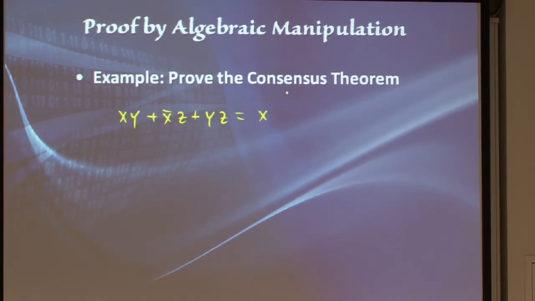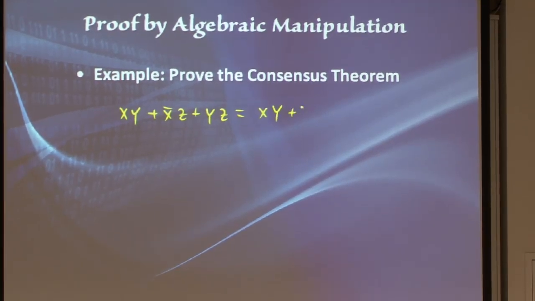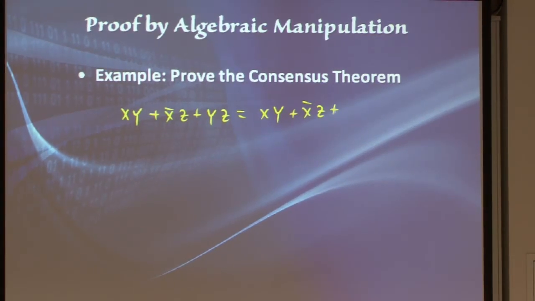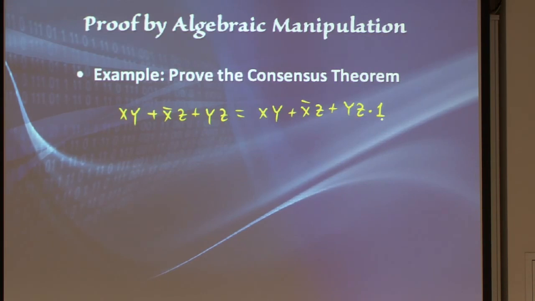So what I will do, I'll take this, remember what I'm trying to prove is that omitting that last term is redundant. I will start off by rewriting this by adding in an AND 1, so I'm not changing anything.